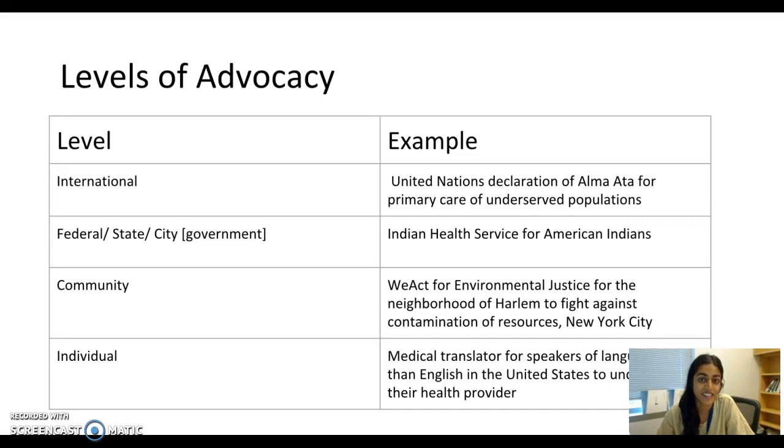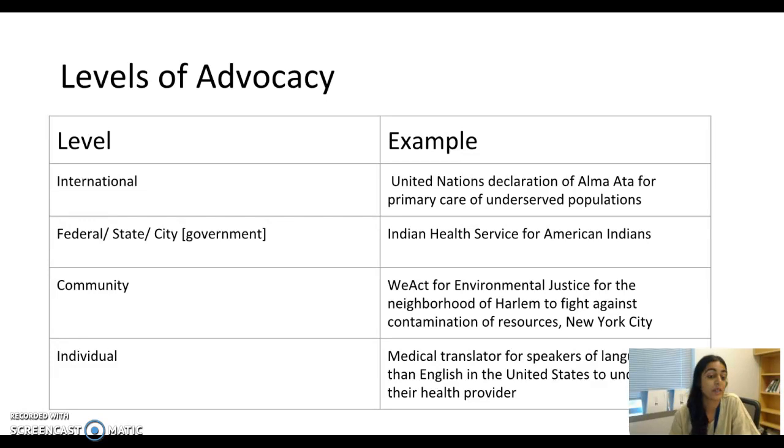form of advocacy, which we'll also look at in our textbook and how that's done. Our example from our textbook, The Black Panther Party, is a community level advocacy effort and initiative, which also, like our film that we're watching this week, ACT UP, is a community level advocacy group.